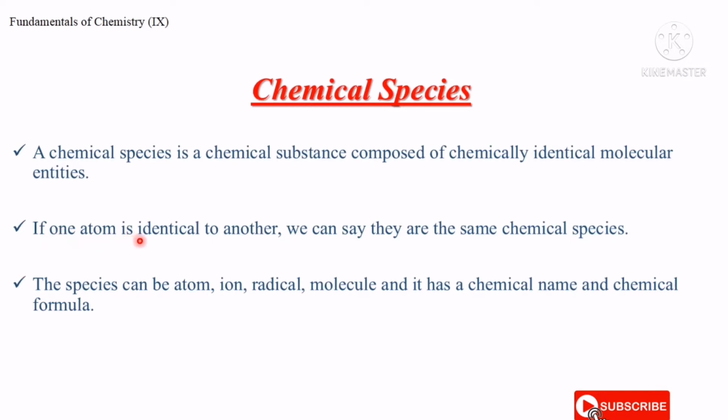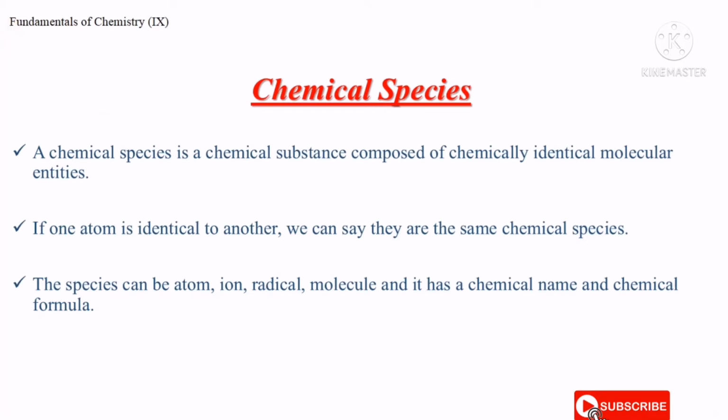If an atom is identical to another, we can say that they are the same chemical species. The species can be an atom, ion, free radical or molecular ion, and it has a chemical name and a chemical formula. It means a chemical species always has a chemical name and a chemical formula.